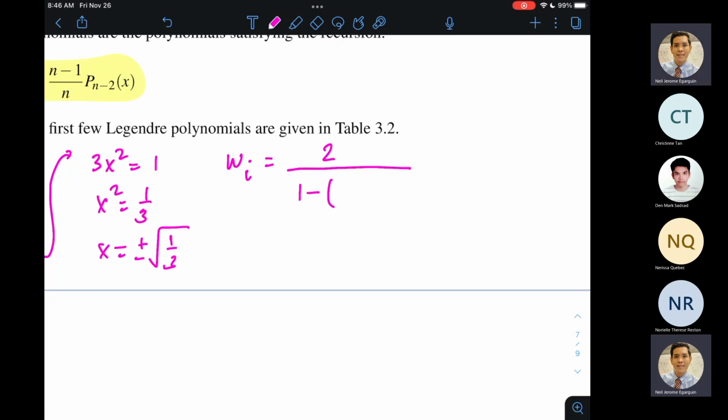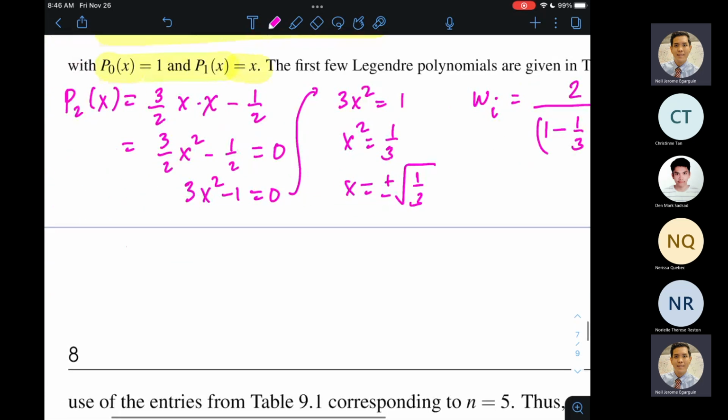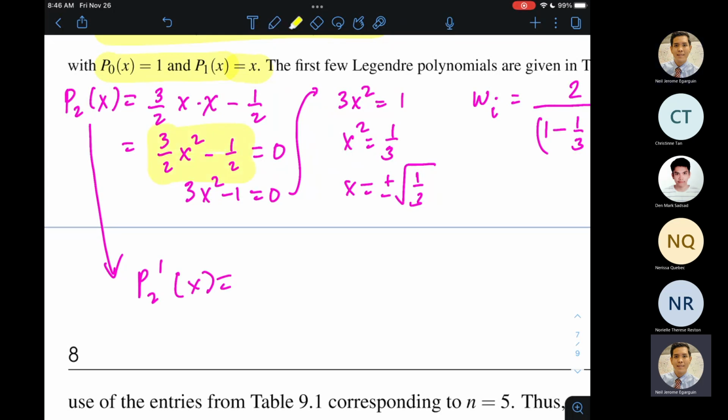So it's going to be, if I will square this guy, I'll just get 1/3. Okay. Times the derivative of P, yung derivative ni P2 ay equals, so ito si P2, ang derivative niya ay 3x. Okay.